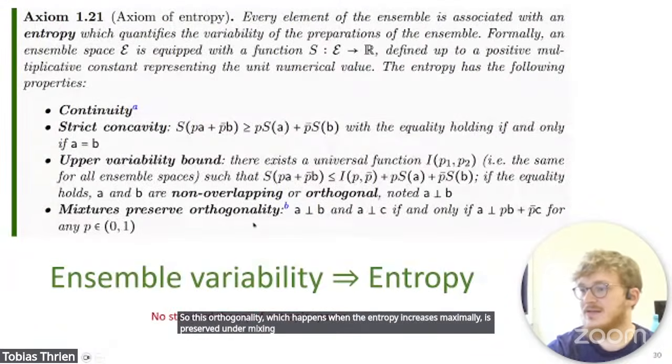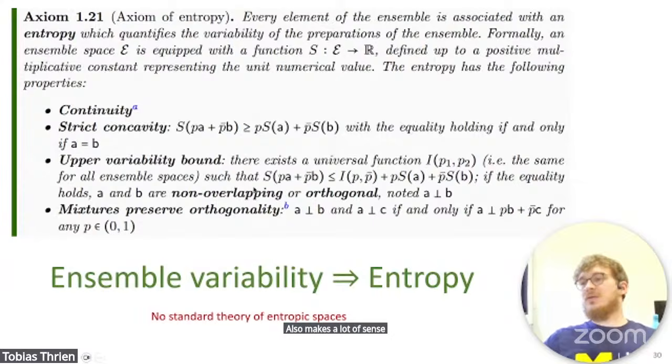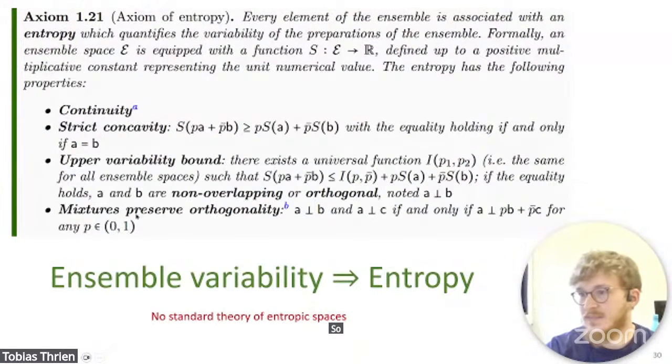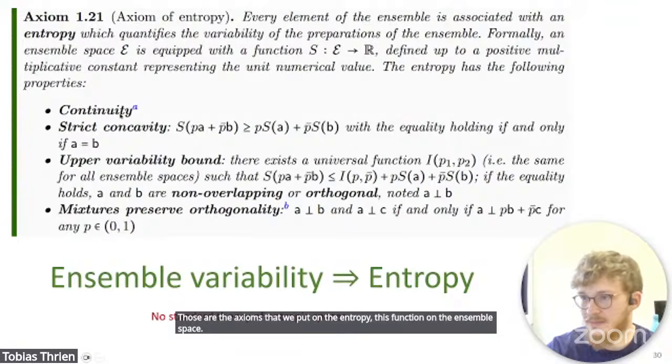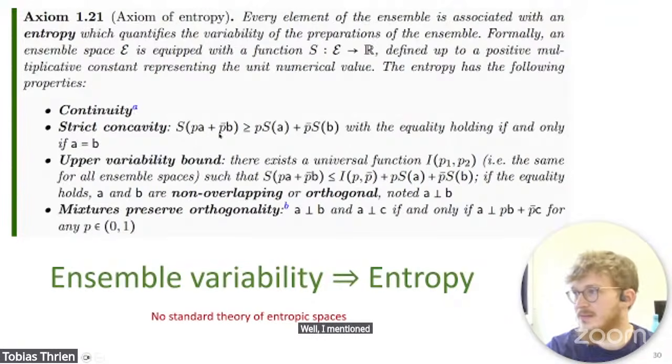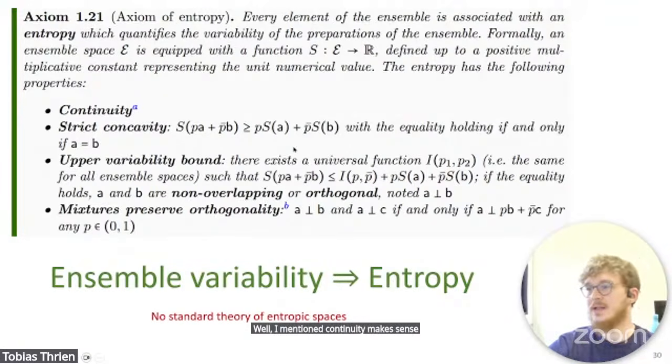That also makes a lot of sense. Those are the axioms that we put on the entropy, this function on the ensemble space. I mentioned continuity makes sense; we talked about that before.